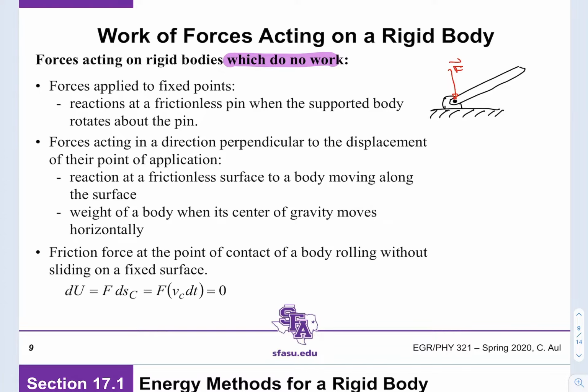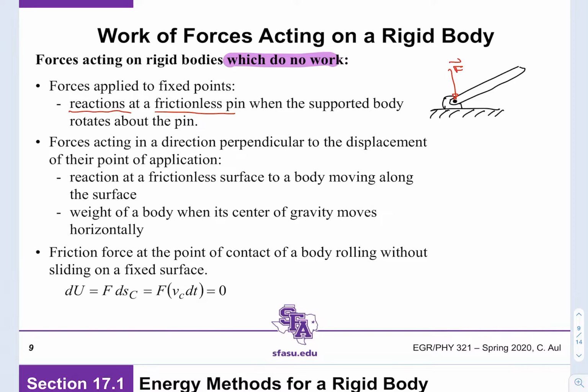One we point out here is, say for instance, I have a bar and there's a pin, and this is a fixed connection. If I have any forces acting on that point, that's a fixed point or a fixed connection, that's obviously not going to do any work.